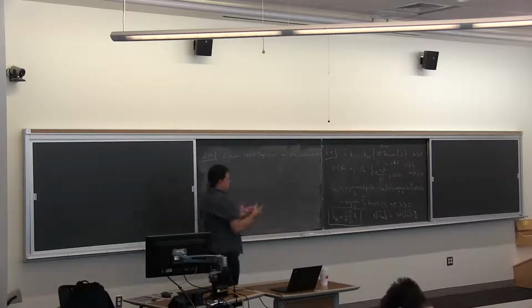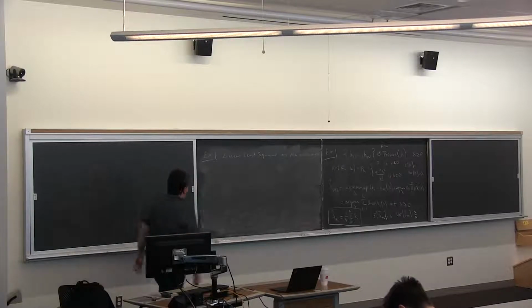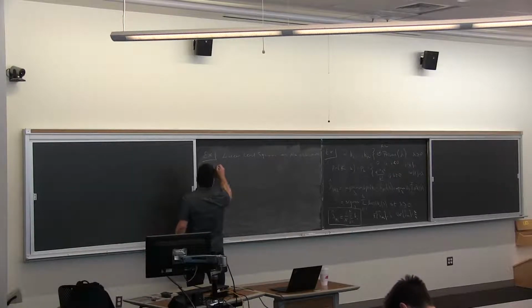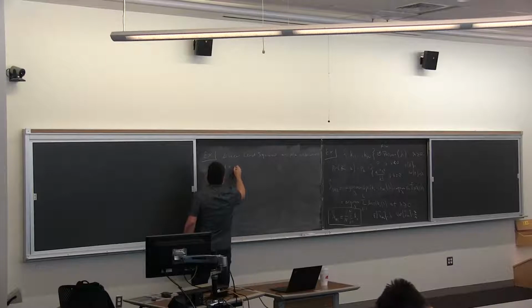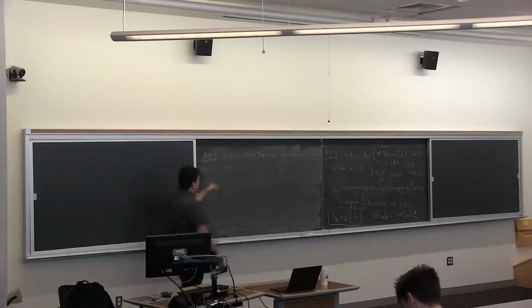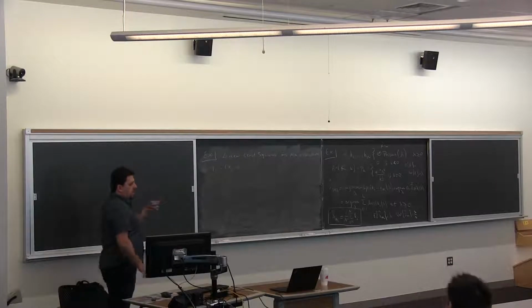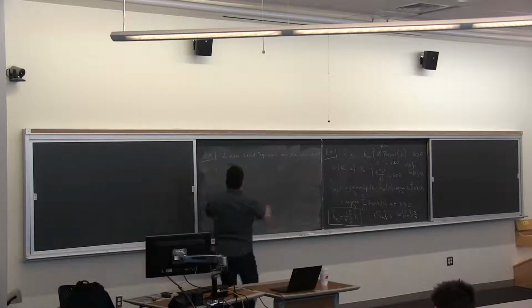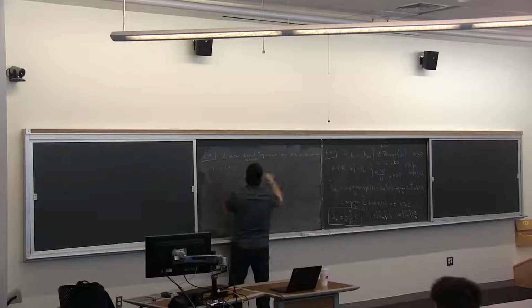So I'm going to assume that I have a data set which consists of x-y pairs, where the xi's are vectors, the yi's are scalars. So we have n samples here, and let's say these are IID.